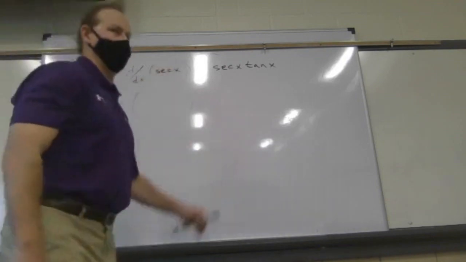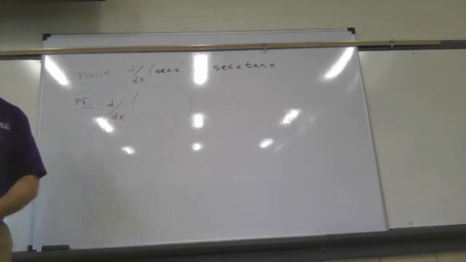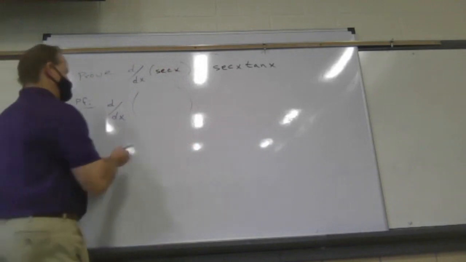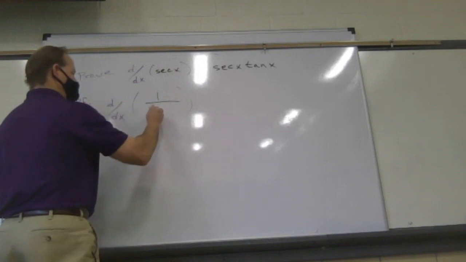What are you rewriting secant as? 1 over cosine of x. And then what rule are you using?